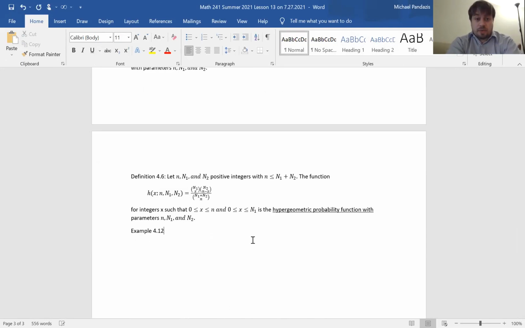Okay, so example 4.12: a carton of 24 hand grenades contains 4 that are defective.